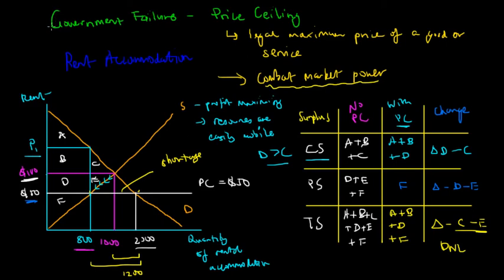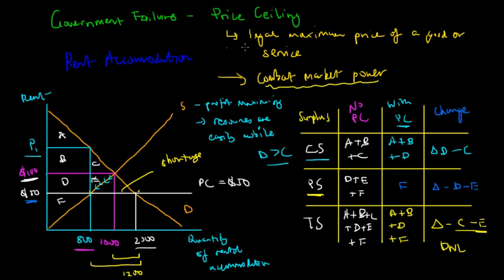So even though we can assume that the government is trying to do good, or trying to do the best for the total economy, and they are improving the consumer surplus if and only if D is greater than C, they've actually lost a lot of surplus in the sense that producers are losing benefit.